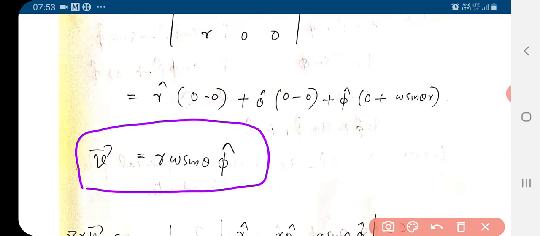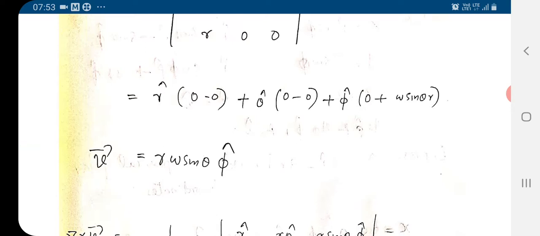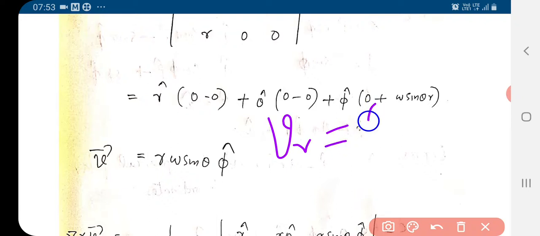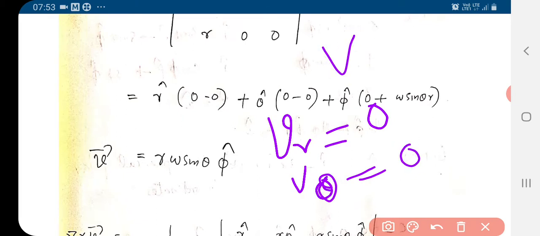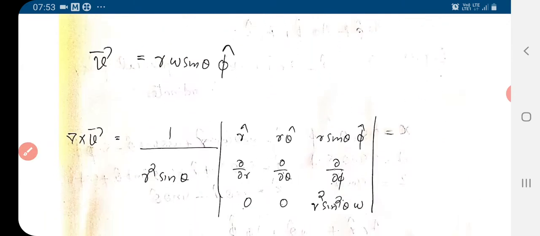So here we see the v r component is 0, the theta component is 0, and the phi component is r omega sin theta.